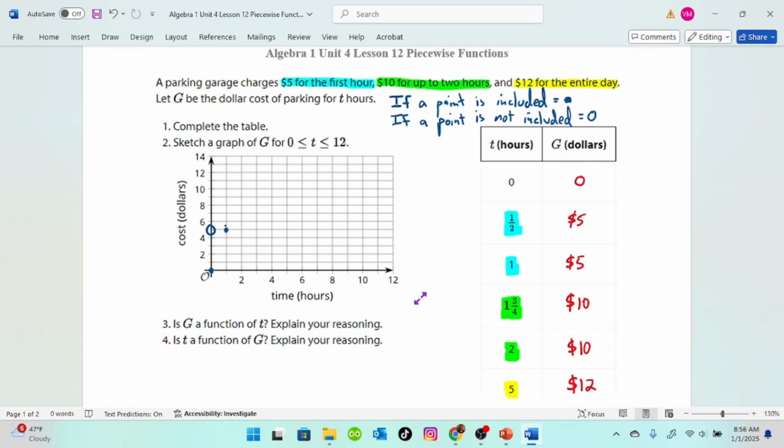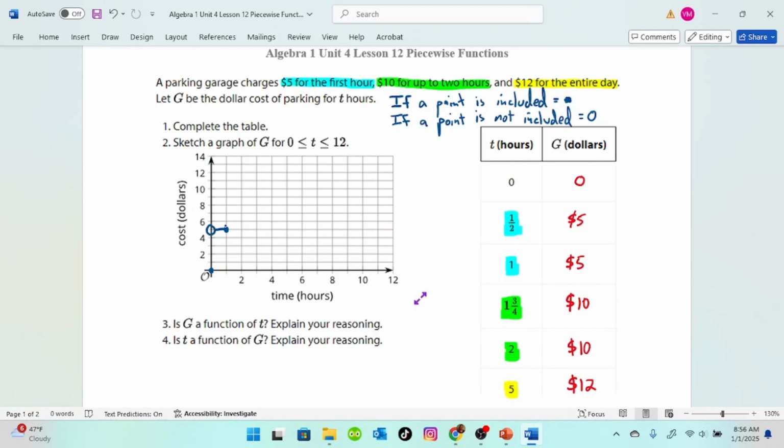And we will include the point here because exactly 1 hour will be exactly $5. And then we just draw a line to connect the hollow point to the solid point, because everything from 1 minute all the way up to exactly 1 hour will all have a $5 cost.